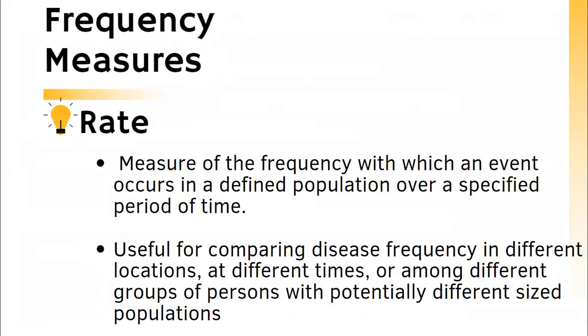Now, a third frequency measure is what we call rate. This is a measure of the frequency with which an event occurs in a defined population over a specified period of time, and this is usually useful when comparing disease frequency in different locations at different times, or among different groups of persons with potentially different size populations.